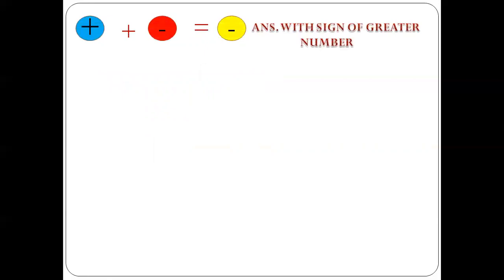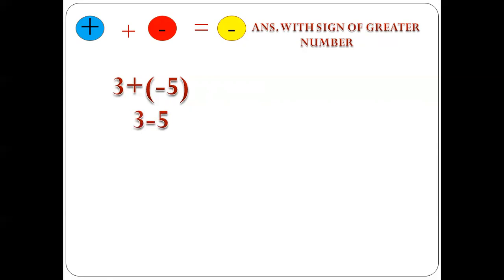The third rule says that when one positive number and one negative number are added with each other, there will be subtraction between them and the answer will have the sign of the greater number. You can see here, 3 is a positive number while 5 is a negative number. There is 3 and negative 5. When we are adding them, there will be subtraction between them.